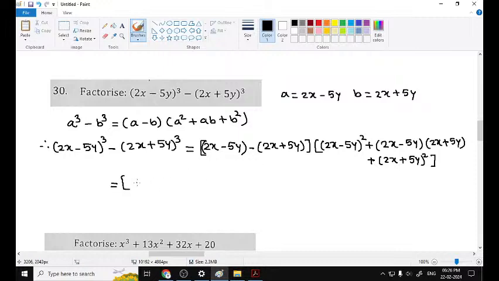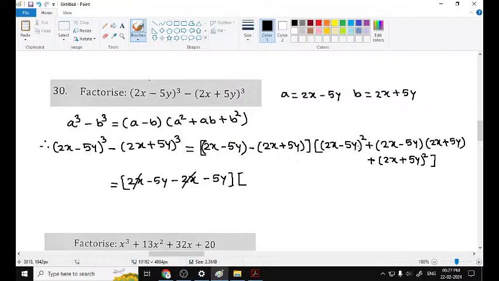which is equal to, let us open the bracket in the first term, 2x minus 5y. This minus will change the signs of the terms, so this is minus 2x, and this will also become minus. Now we can cancel this.